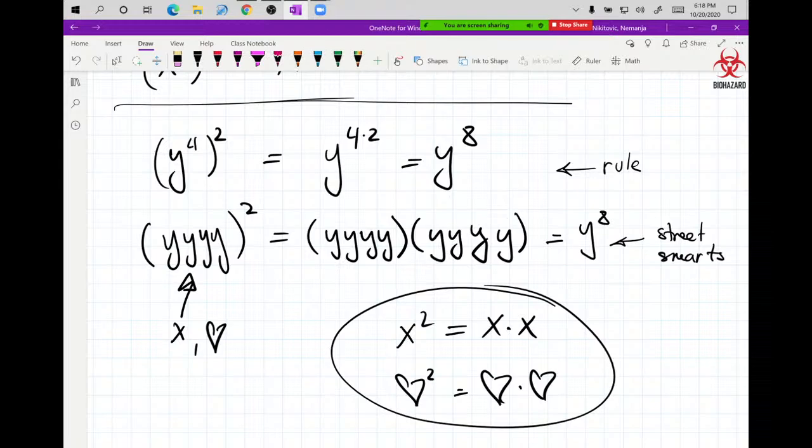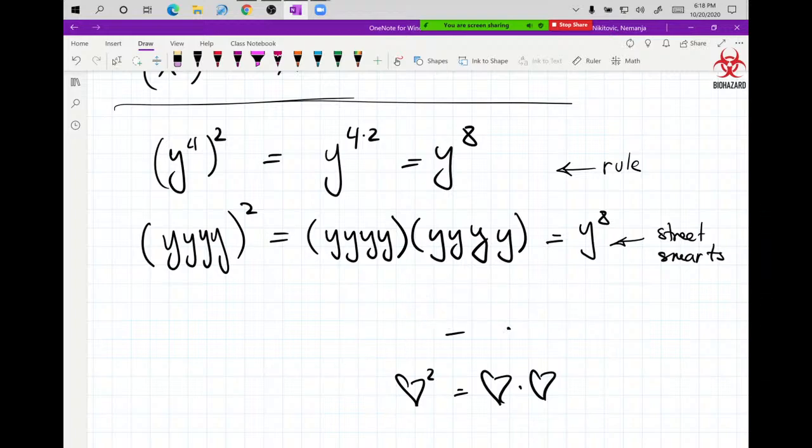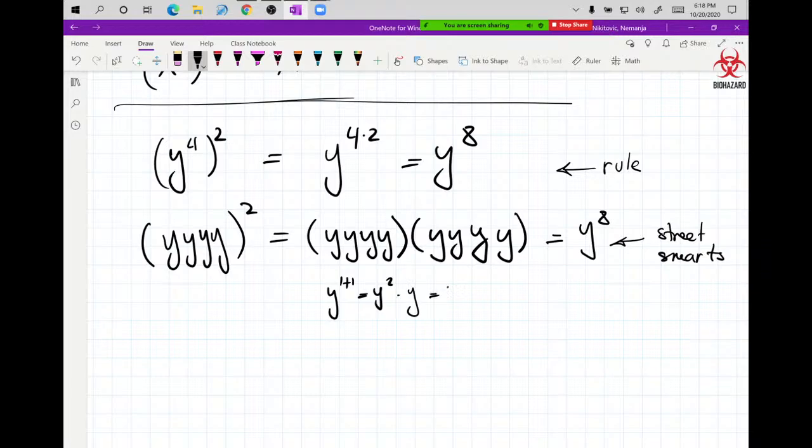And then you say, oh, okay, now we can use whatever rule and come up with y to the 8th. Now, when I say whatever rule, it's actually the product rule, because y times y, that's y to the 1 plus 1, which is y squared. And then times another y becomes y cubed, times another y becomes y to the 4th, and so on. But once you use up all the y's, you will reach y to the 8th. You're done, right? There are no more calculations.